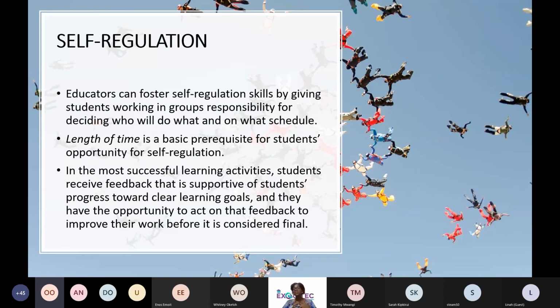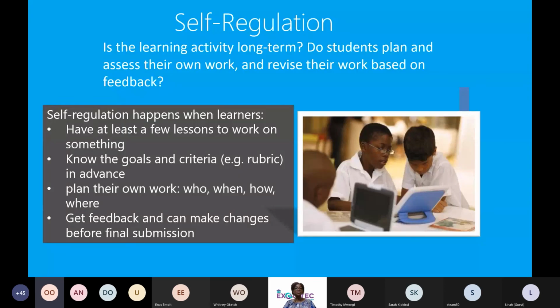They build their own schedule, their own project management plan for that project. Who does what, what time, how many stages this project is going to be broken down to, when are we going to accomplish this, when is the next stage and all that. It's all their decision to make, and they are able to follow through with that plan and also act on feedback to improve their work before it is considered final. So that's really the core of self-regulation.